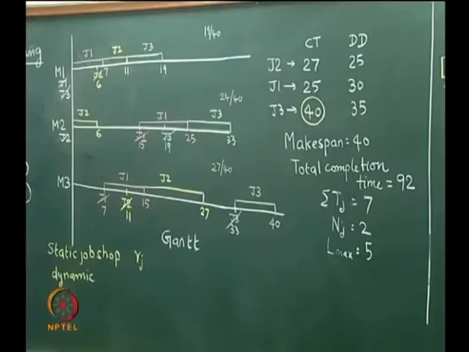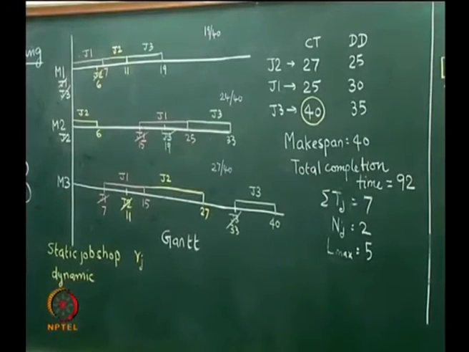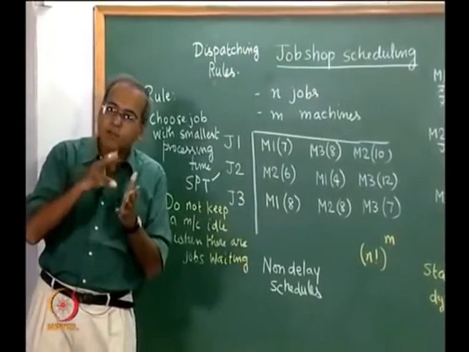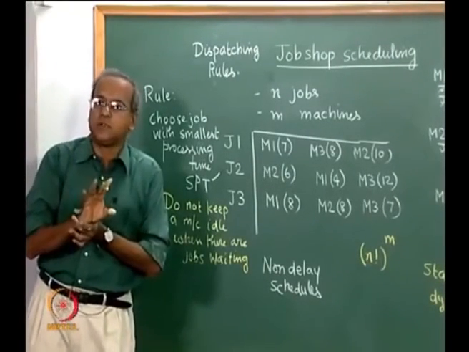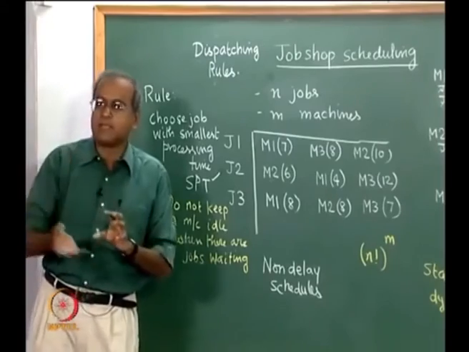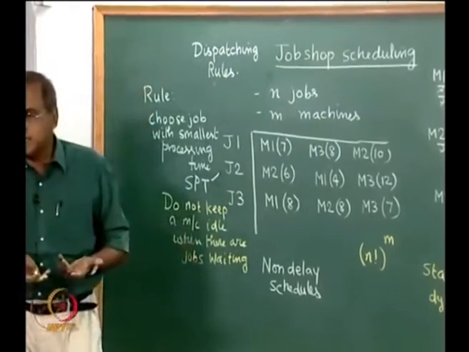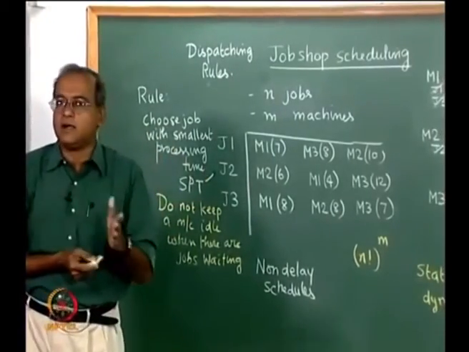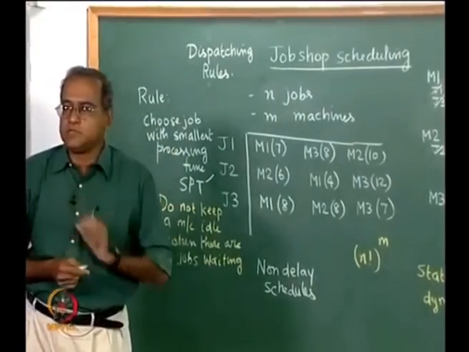Static problem implies the number of jobs is known. If we want to focus on the optimum solution, then we need to look at other methods such as mathematical programming and so on, and the problem also becomes very hard when trying to get to the optimal solution.